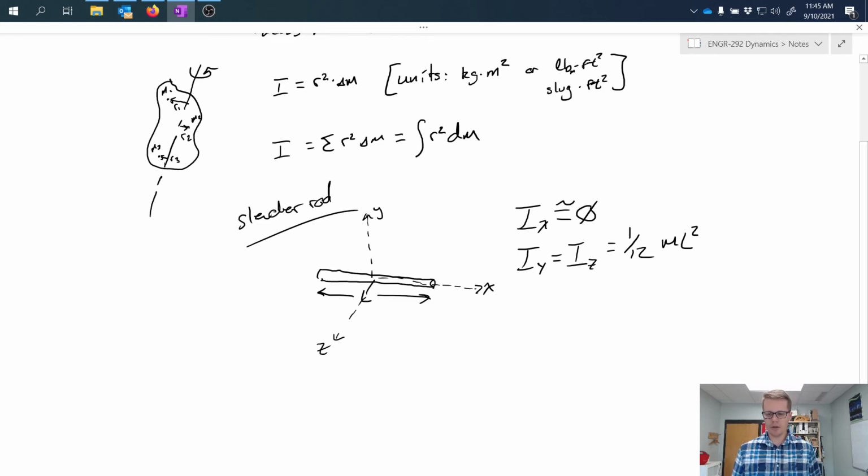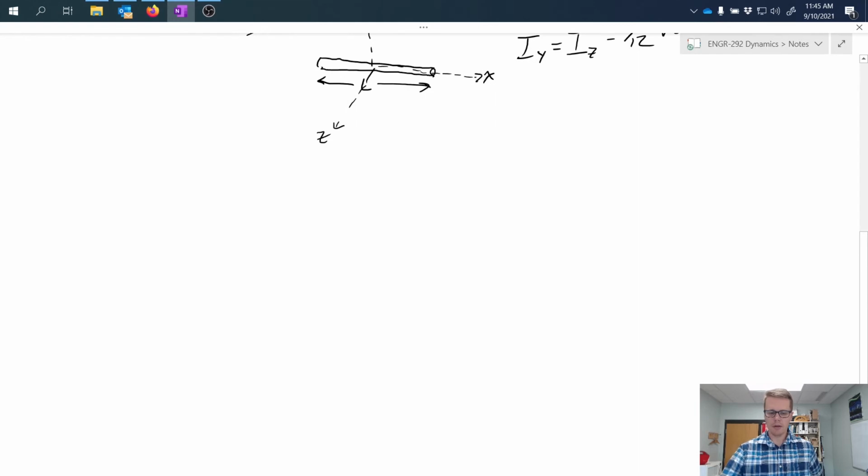Another example shape that we might find useful would be a rectangular plate. So coming up with a little drawing for that.